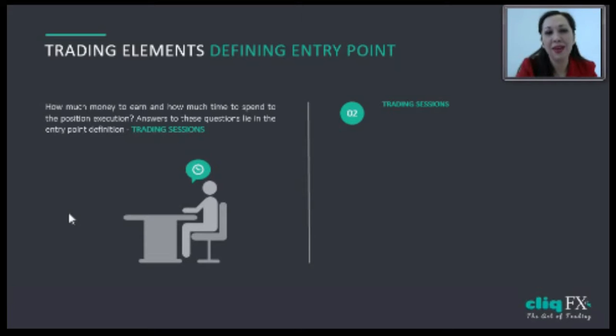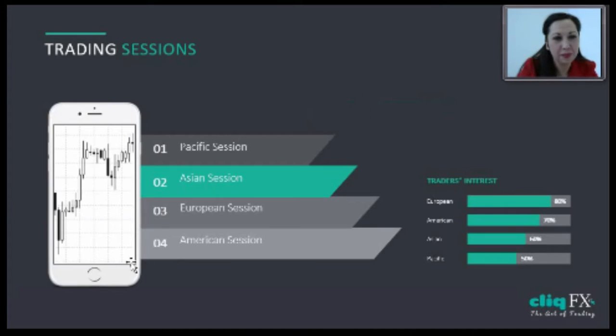So we have different timing. To make the process of trading easier, it was decided to divide all the trading process, all the traders, into special trading sessions. Actually, there are 4 of them, and the most important are 3 of them.